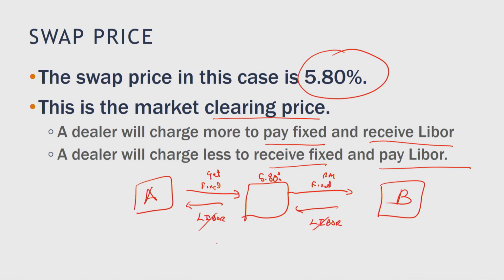The LIBOR rates cancel each other out, but this might be 5.9%, and this might be 5.7%. So the dealer would collect about 20 basis points, okay, for the transaction. And A probably is happy to do that, and B is happy to do it because it's easier than actually hedging it yourself, because we could actually do it ourselves by using the Eurodollar futures contracts. Okay.